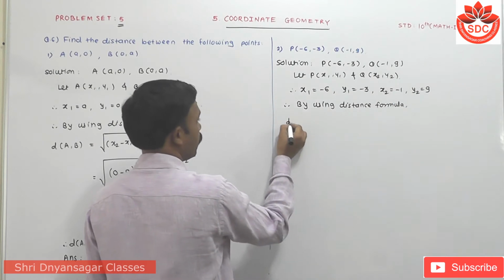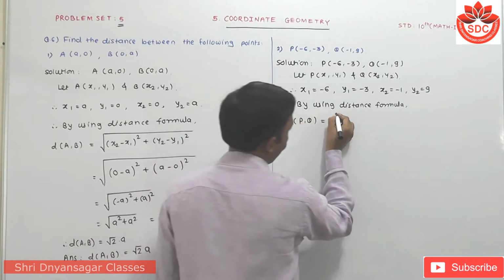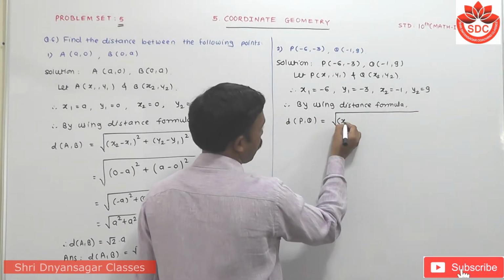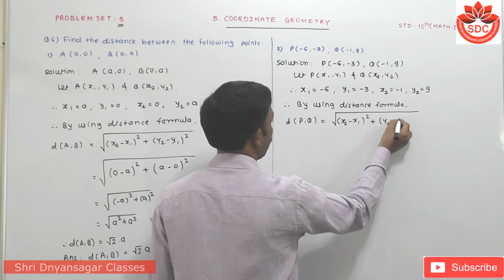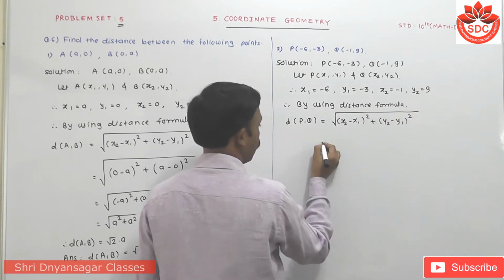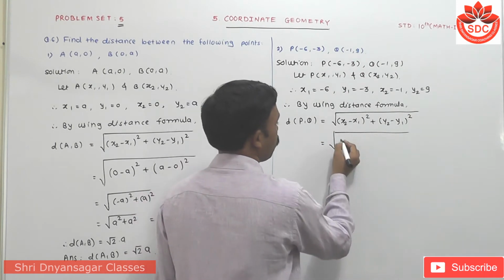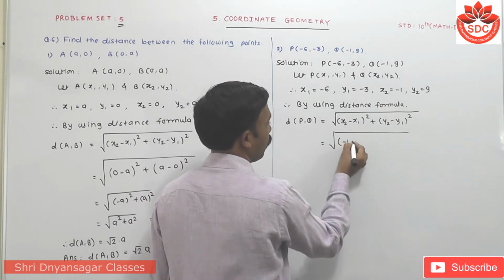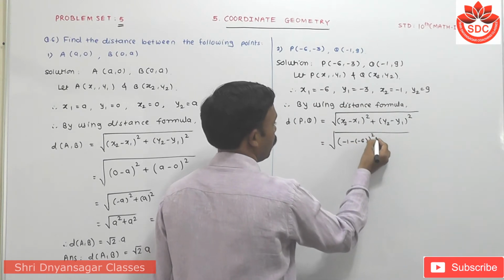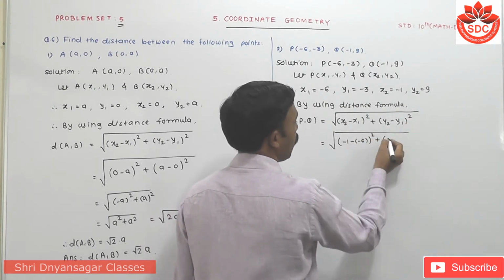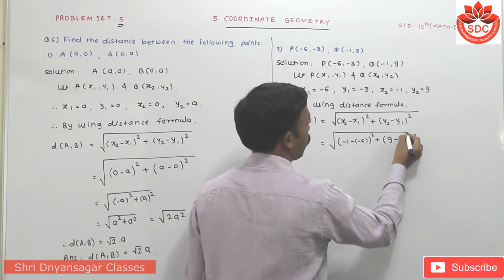this formula is the distance between any two points: PQ is equal to the square root of (x2 minus x1) whole square plus (y2 minus y1) whole square, which is the square root of (-1 minus -6) whole square plus (9 minus -3) whole square.